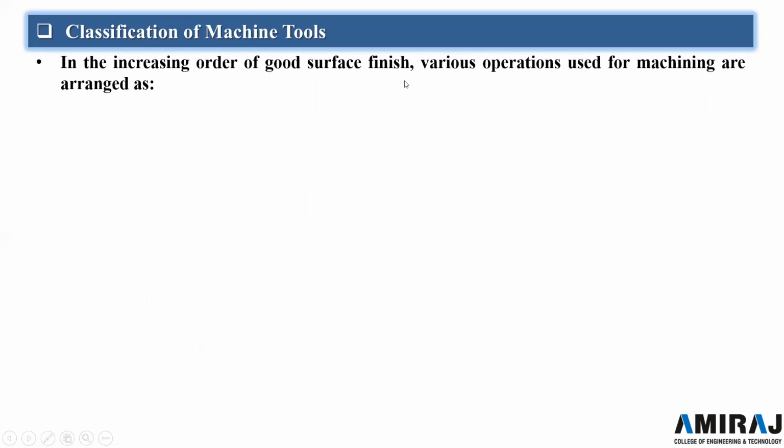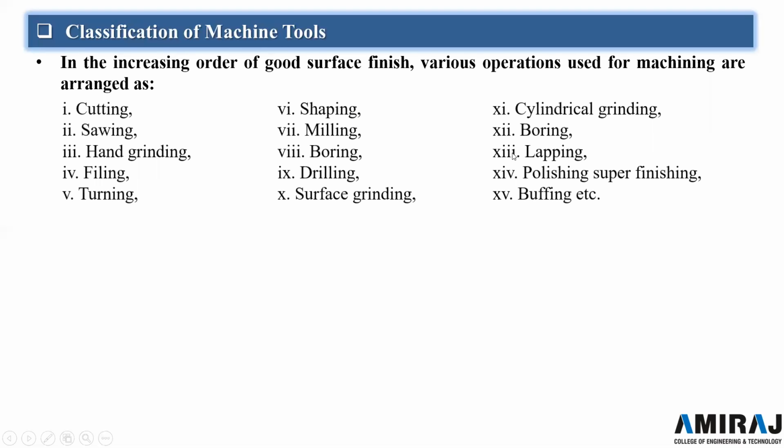In the increasing order of good surface finish, various operations used for machining are arranged as these: cutting, shearing, hand grinding, filing, turning, shaping, milling, boring, drilling, surface grinding, cylindrical grinding, lapping, polishing, or surface finishing and buffing. So in increasing order of good surface finish, in cutting we will get the least surface finish, while in buffing we will get the highest surface finish.